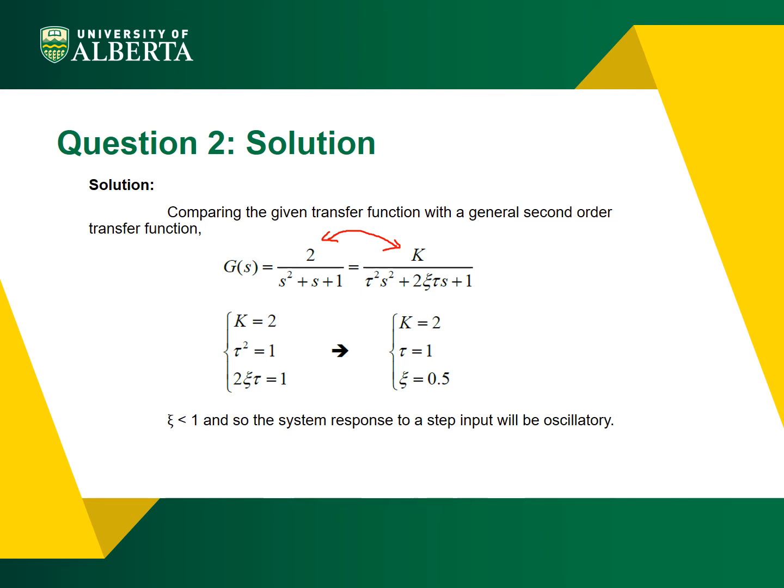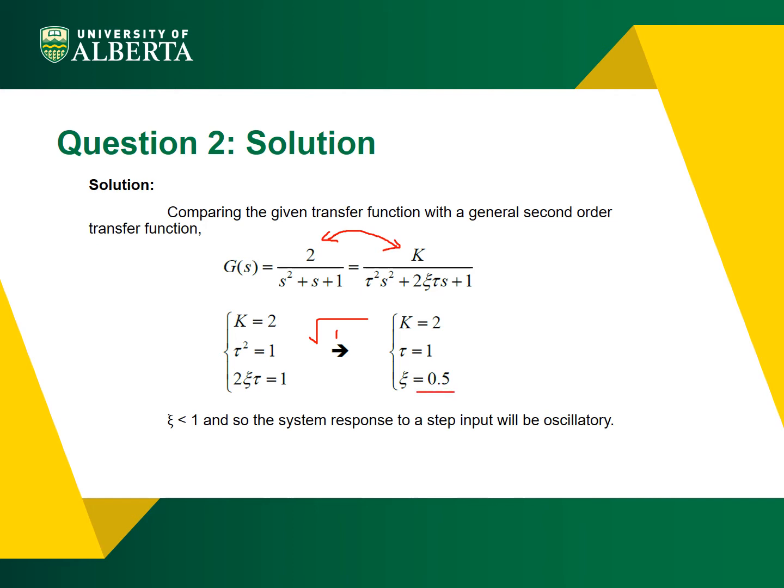So we take the square root of 1 here, and we get tau is equal to 1. And then substitute tau. So 2 zeta tau is equal to 1, as we can see from the comparison. If you substitute tau there, we get zeta is equal to 0.5.